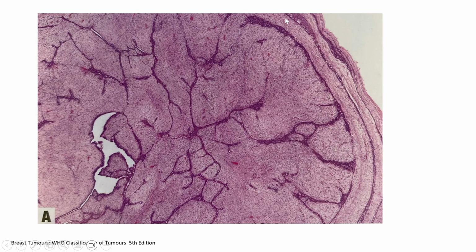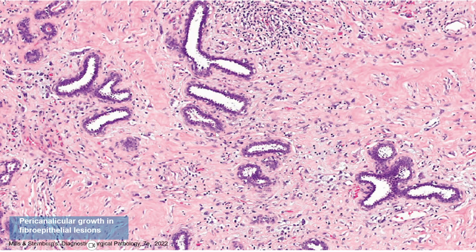Another one, this one at low power shows a well-demarcated border, and then we can see this intracanalicular growth pattern. The stroma proliferates and also compresses the epithelial component, so you see this slit-like area. And then this is a pericanalicular growth pattern.